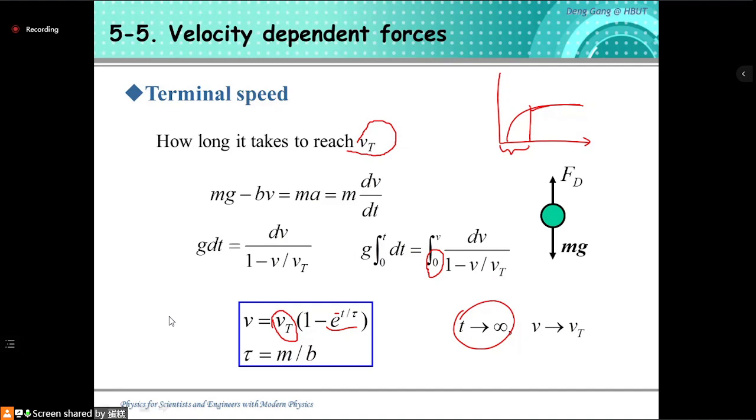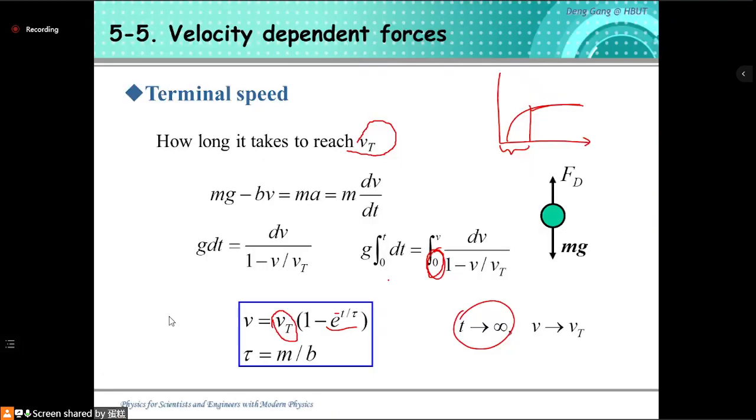When you are close to Vt, you can suddenly use your parachute, and then you can reach Vt much faster than starting from 0. That means you use the parachute when your speed is close to this, rather than starting from 0.